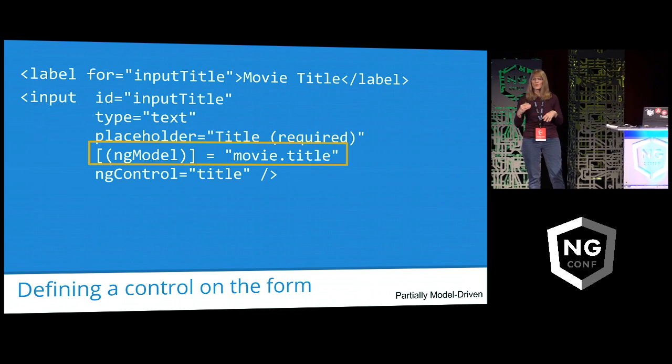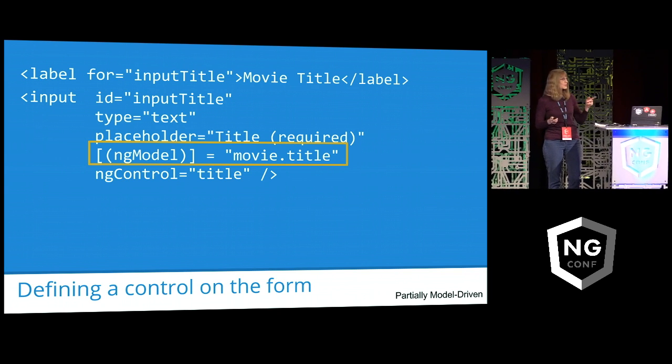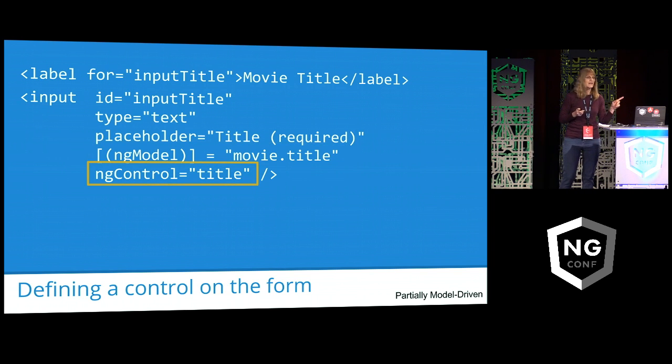We don't need that anymore because now we have a title property in our code. So we're still doing the two-way binding, and we're still binding ng-control. But we're binding ng-control to the collection that we've defined for our form. So it's that title name that we're binding this to.